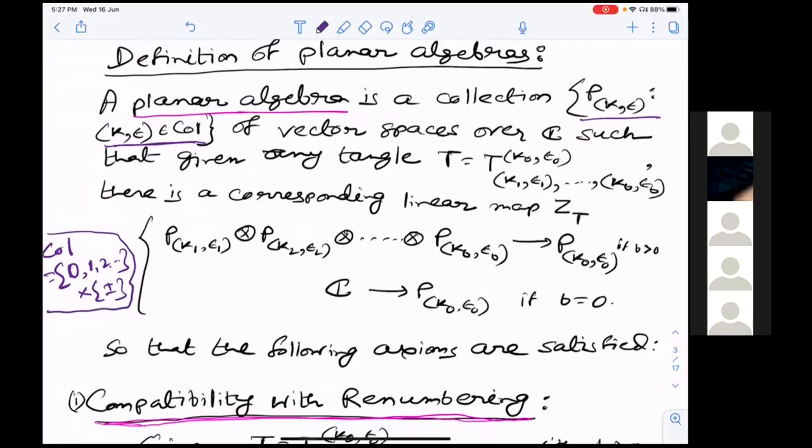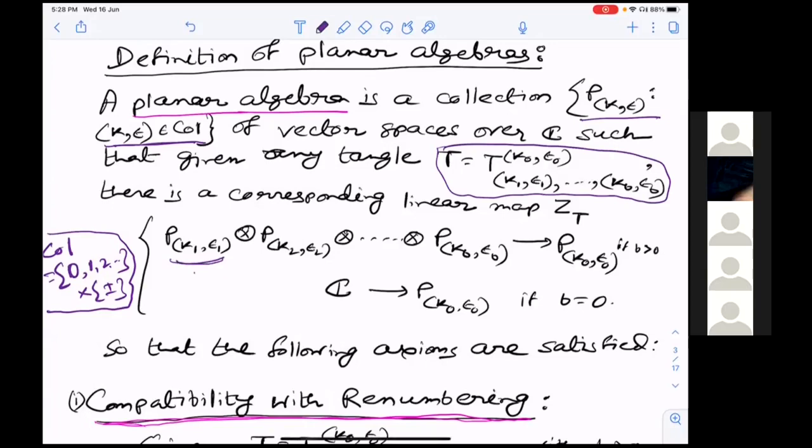So we have a collection of vector spaces over C such that given any such tangle, there is a corresponding linear map from the tensor product of all these P_{K,epsilon}. So there are various internal disks.